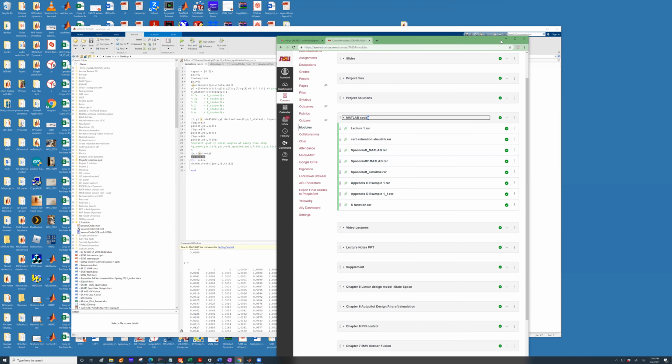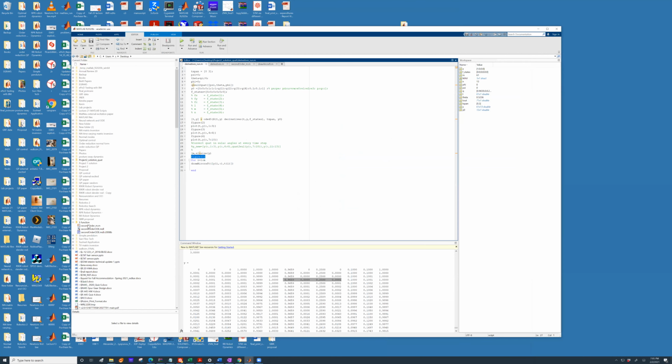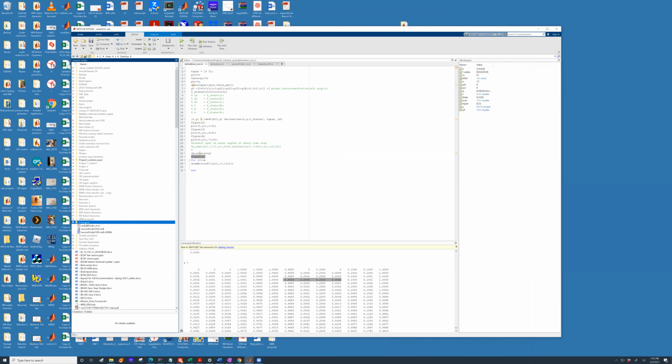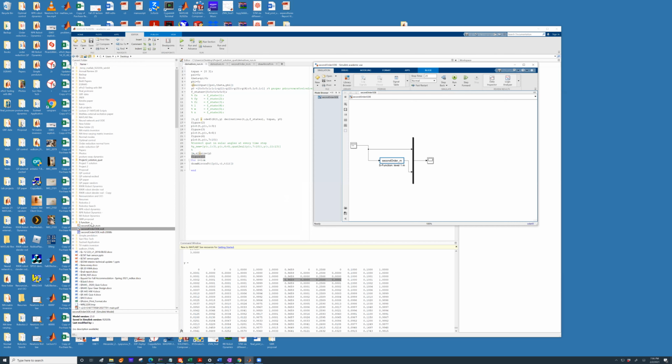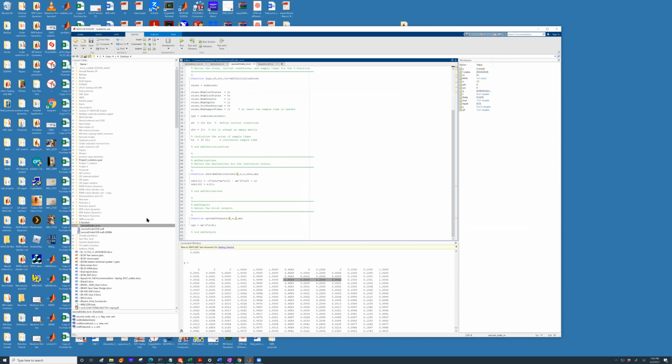Now I want you to open that sfunction folder, and you will notice that when you expand sfunction.rar, it will have second order underscore m.m, second order ODE.mdl, and the debug info. First open second order ODE.mdl. Then open second order underscore m.